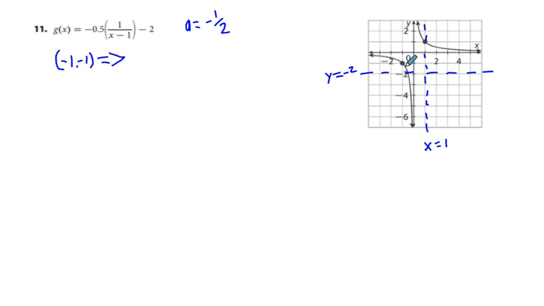The point -1, comma 1, we went to the right 1. So we'll say f of x is translated right 1 unit and down 2 units.